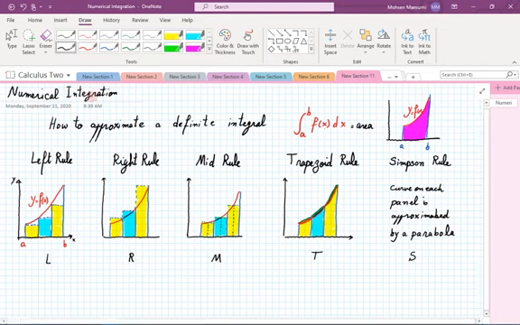Numerical integration is a topic all by itself, which in one of its chapters tries to answer this question. How would you actually calculate a definite integral? All the students in mathematics, engineering, physics, and so on are going to have a course later on, perhaps an optional course on numerical approximation.